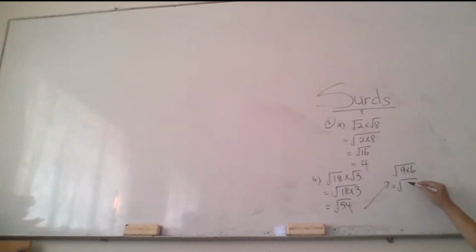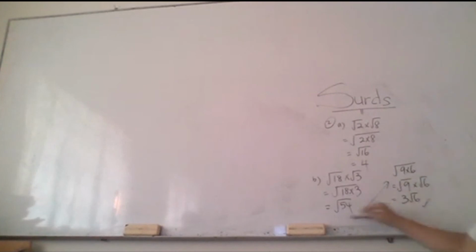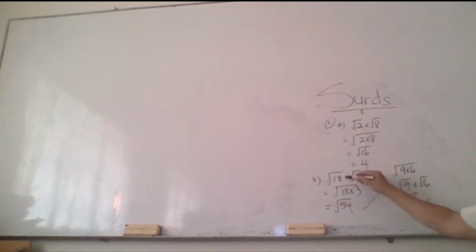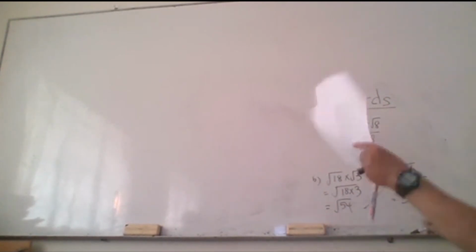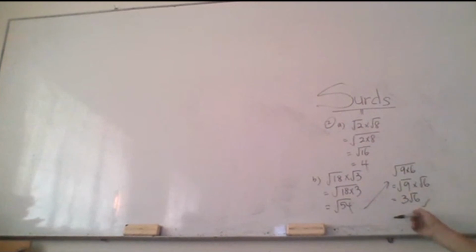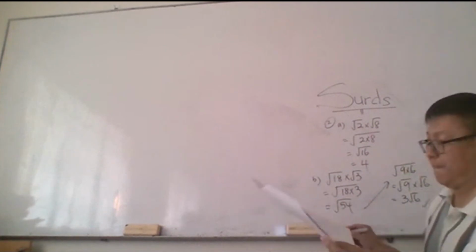Okay? So square root of 9 times square root of 6. Eventually, it will come to 3 square root of 6. So we can combine them together and give the answer in square root form.